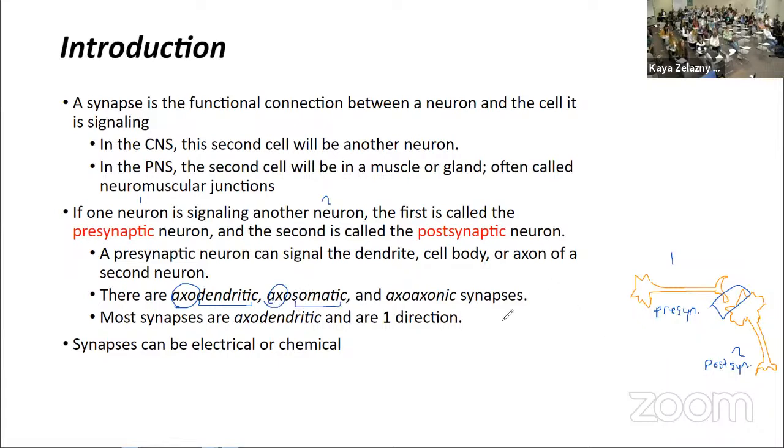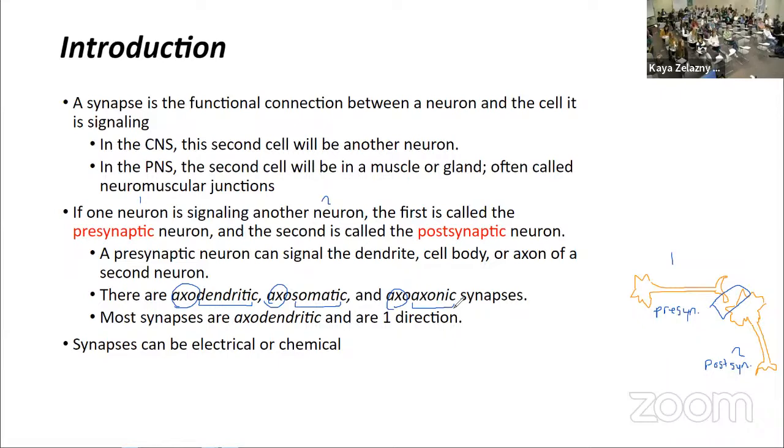If we go all the way to the axon of the neuron, say we're coming in from the side here, that would be axoaxonic. So all these words are telling you is where that physical connection is happening. Most of these synapses are axodendritic, and they're unidirectional, just flowing from the presynaptic cell to the postsynaptic cell. So that's what we're going to focus on.